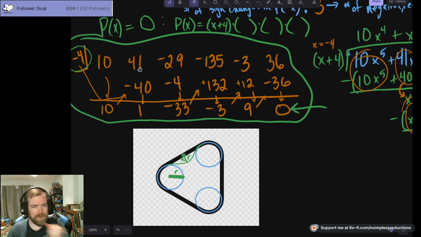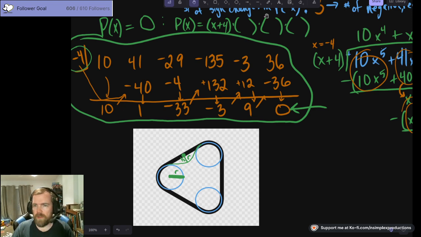It works, right? Again, here, we already knew that this 10 was going to end up being our quotient term. Right? That's the whole thing. We know that it's going to be 10. So when we divide x plus 4 into 10x to the 5th, the first term is going to be 10x to the 4th in this case.